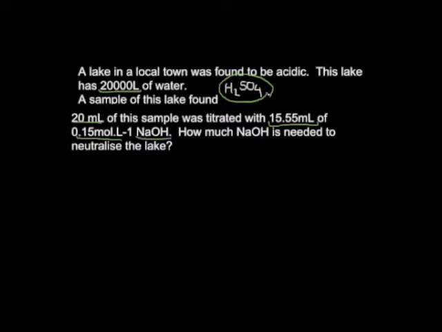So something else that you need to know to solve this is you need the equation. So let's have a look at the equation. We've got H2SO4 plus sodium hydroxide goes to form a salt and water. So in this case, the salt's going to be sodium sulfate and water.